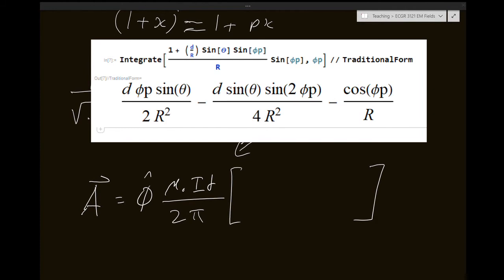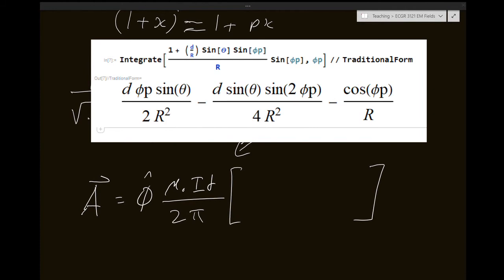Well, let's look at the terms. What's cosine pi over 2? Sorry, the endpoints are minus pi over 2 to pi over 2. What's cosine pi over 2 and minus pi over 2? 0, right? So this term at the end goes away. What's sine 2 phi prime? When I put in pi over 2 times 2, I end up with pi.